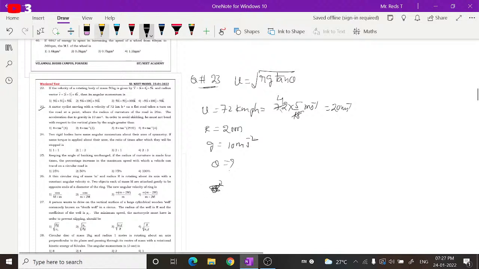Just a second, guys. What happened to this? Something happened to this. The file has got stuck.